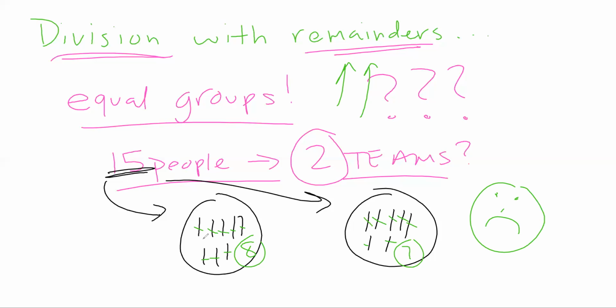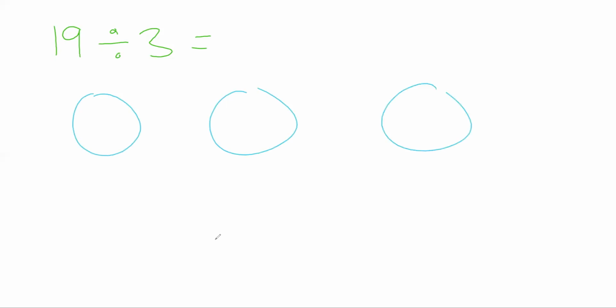Let's explore that a little more and jump into a couple of problems. Let's take 19 and divide it by 3. I'm going to use the equal grouping method with our circles. We have 3 groups, and I want the same amount in each group.